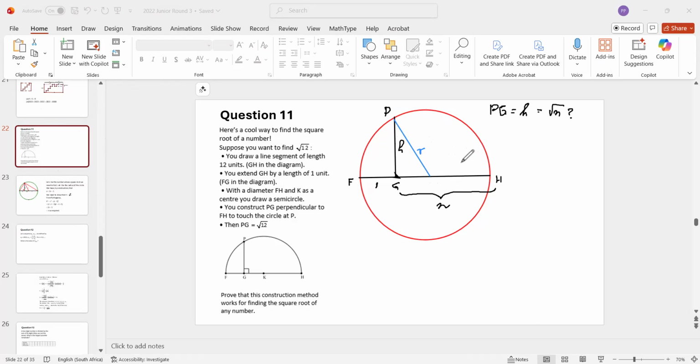Right? Now we know that the radius is half the diameter. So let's just record that. Your R is half the diameter. The diameter is n plus 1. So it's n plus 1 over 2.